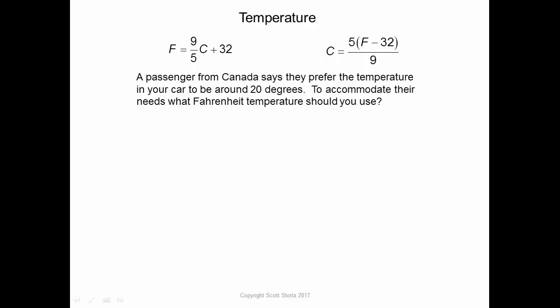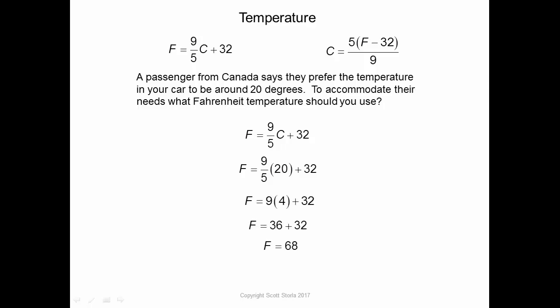Try this one. Since Canada uses degrees Celsius, and I'm trying to find an accommodating Fahrenheit temperature, I would start with this formula, substitute 20, simplify, and find that I should set the temperature at 68 degrees.